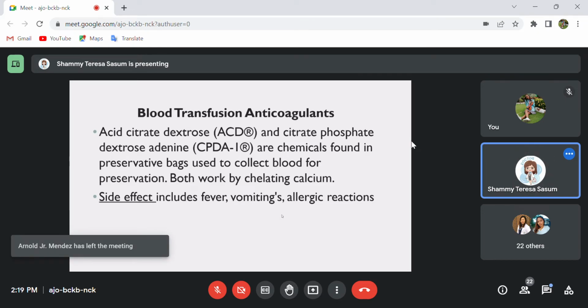Both work by binding calcium. Side effects include fever, vomiting, and allergic reactions. As we see, when we transfer blood, we can see some symptoms like vomiting and allergic reaction to the newly transfused blood.